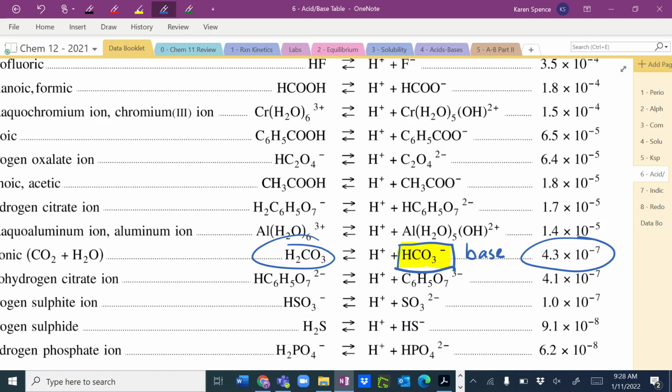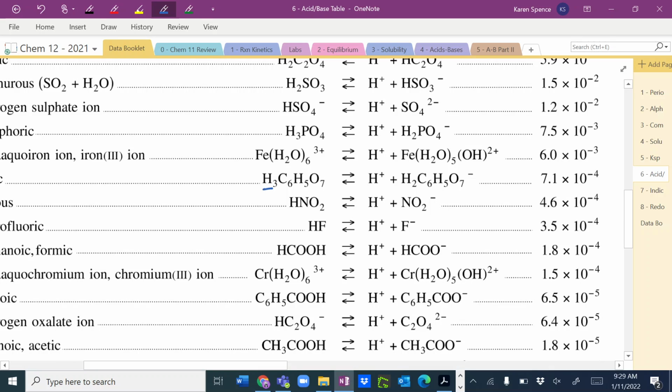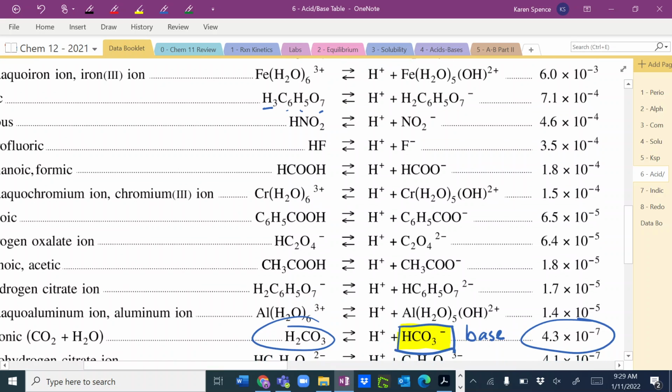It should be a pretty big formula, so it shouldn't be too bad to find. Oh, there's an H3C6H5O7, so somewhere below it I should find an H2. Here it is, my H2C6H5O7 acting as an acid.